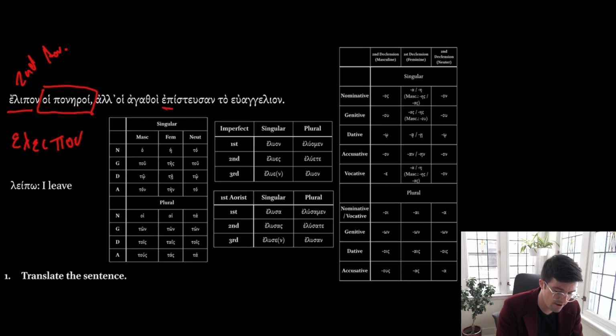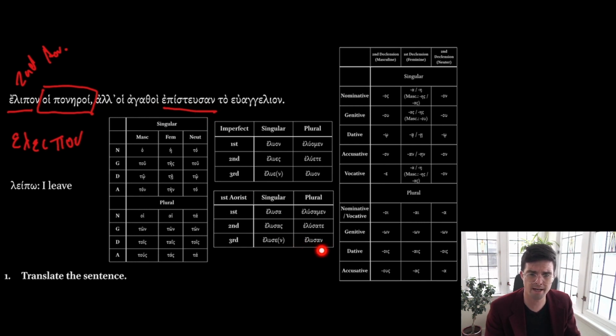And then we have another verb in our second clause, epistEusan. And so this is going to be our san ending. And we notice here that we have an augment at the beginning. So this is going to tell us we have past tense, either imperfect or aorist. And then the san is going to let us know that it's aorist because we have that sigma in there.